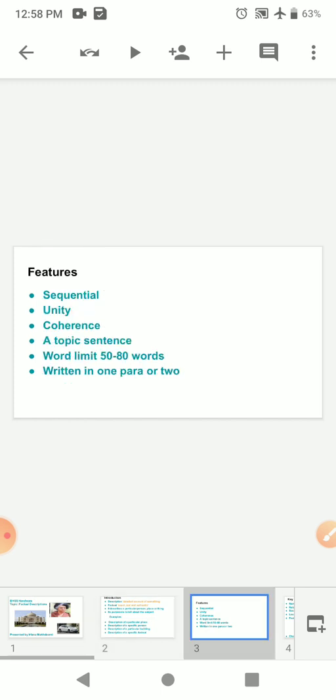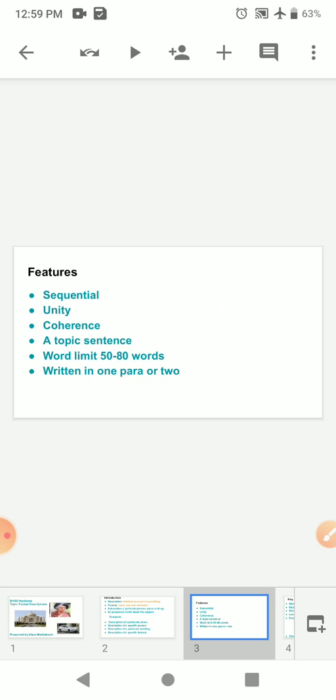So coming to the features of factual description, it has to be sequential, unity should be there, coherence should be there, a topic sentence, and the word limit should be 50 to 80 words, and it is to be written in one para or two.